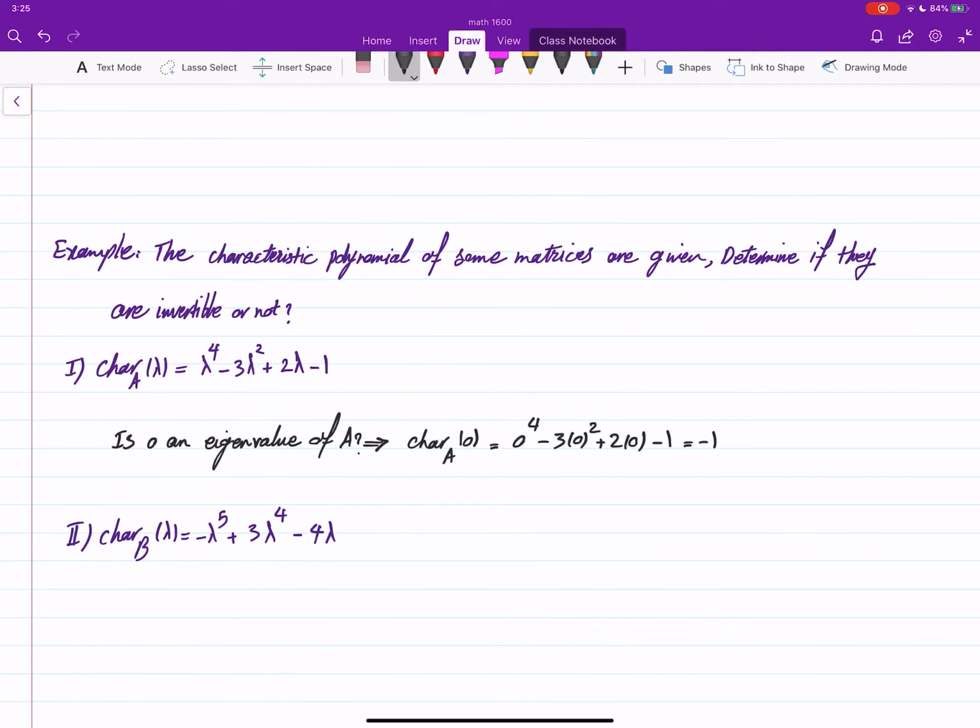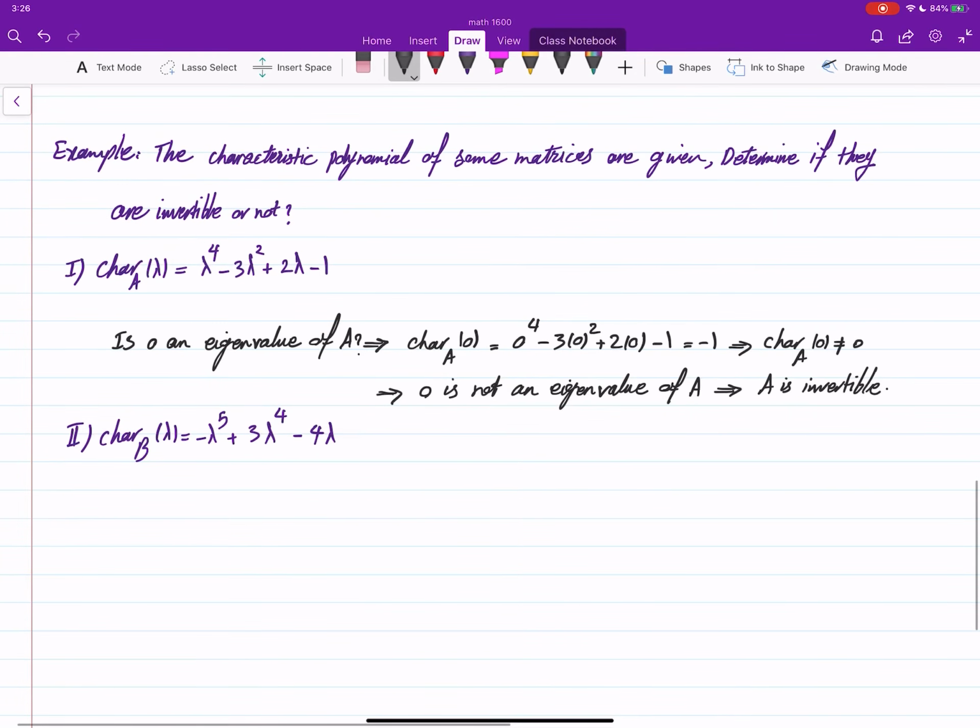This is -1. And what this shows is that the characteristic polynomial, when you plug in 0, is not equal to 0. So that implies that 0 is not an eigenvalue of the matrix A, and that implies that A is invertible. So if 0 is not, then it is.